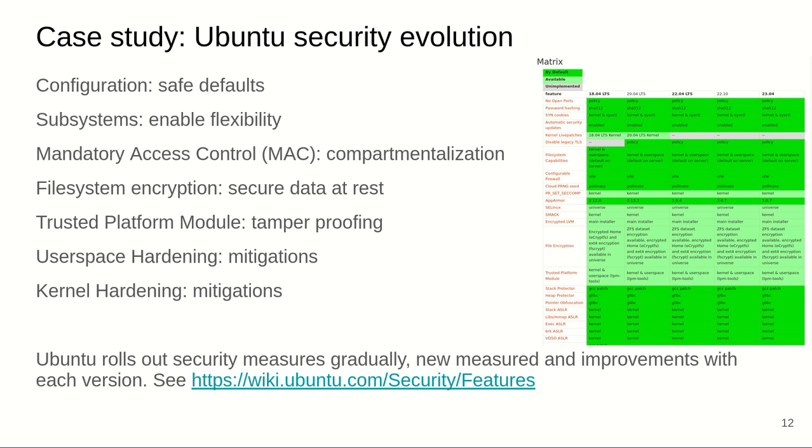Leveraging trusted platform modules, user space hardening and kernel hardening, and so on. And it's interesting to see also how this evolved over the different generations of Ubuntu step by step, and is slowly being integrated and slowly made stronger one after the other.